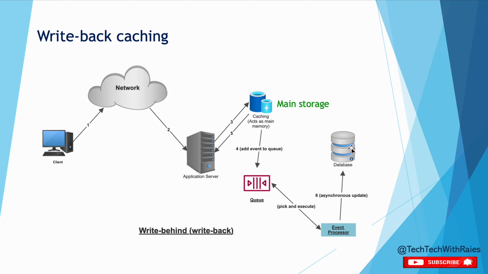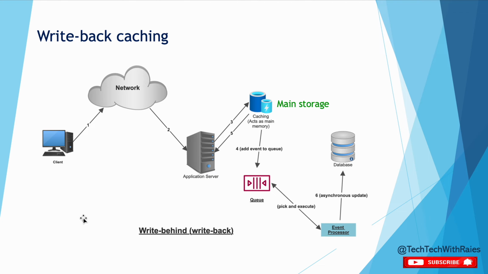So if you can see from here, the whole operation after step 4 is completely asynchronous. The application is only interacting with the caching layer, and the remaining things are asynchronously transferred to the database using an event queue. So this is also called the write-behind technique or write-behind caching pattern.